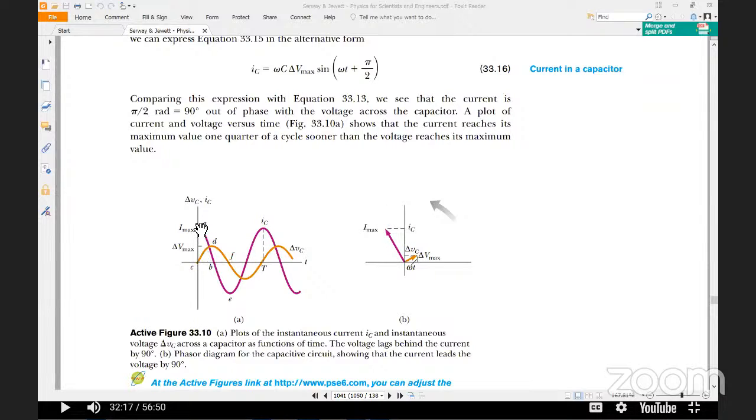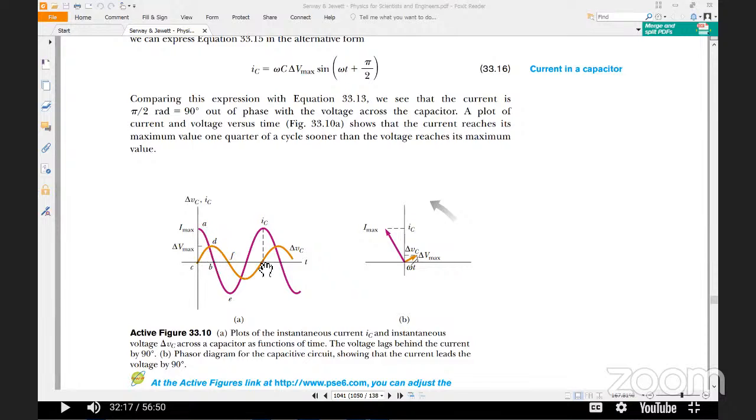Now you can see in graphical like this one. This is the graphic of V, the voltage, and then this one is the current. So the current has the maximum point at T0, but the voltage is still at the 0 point.